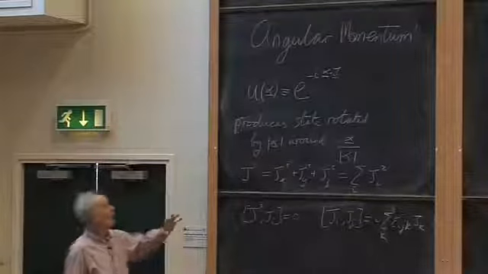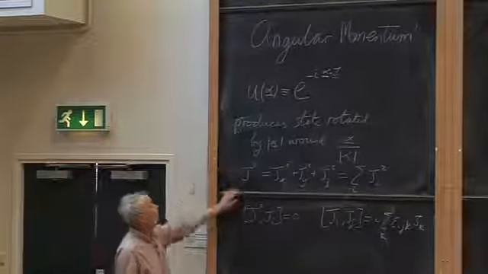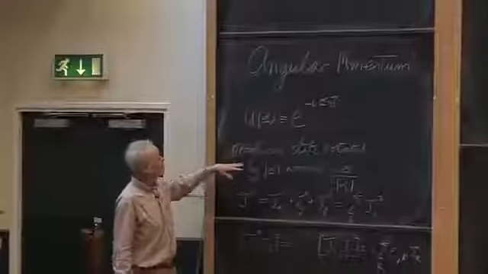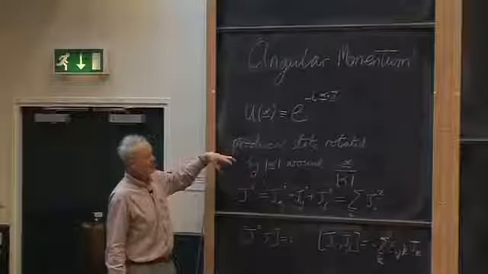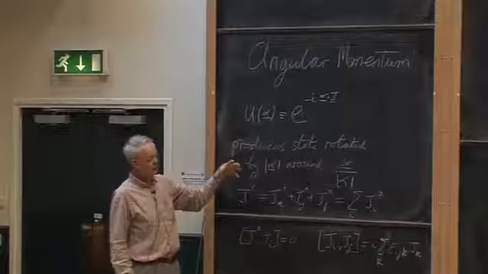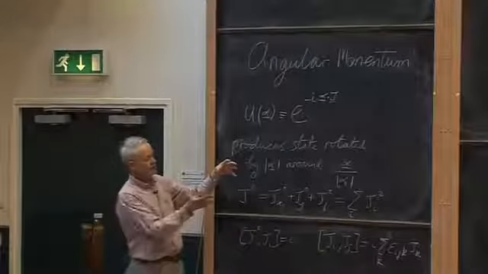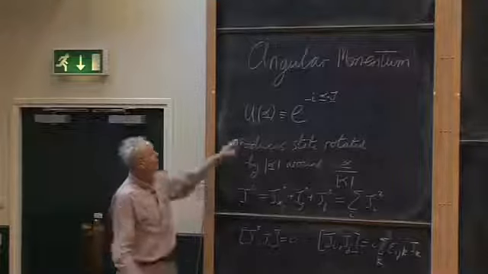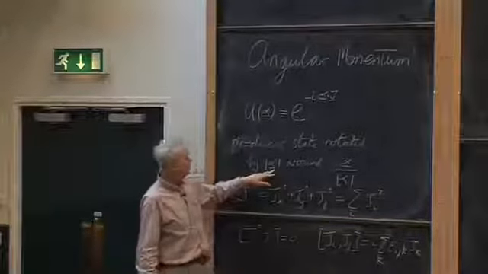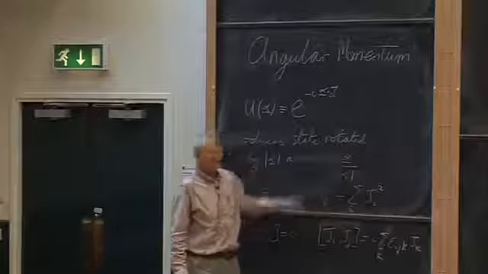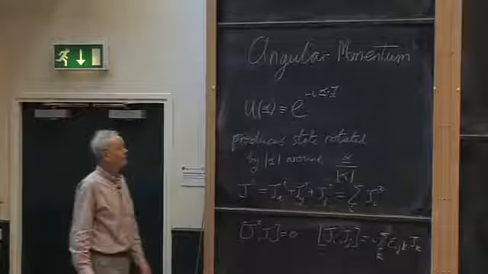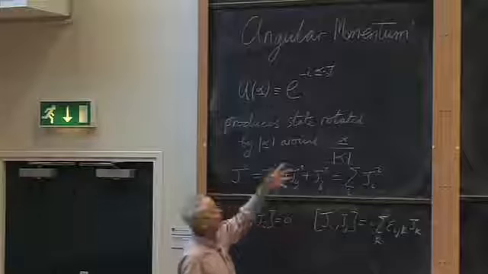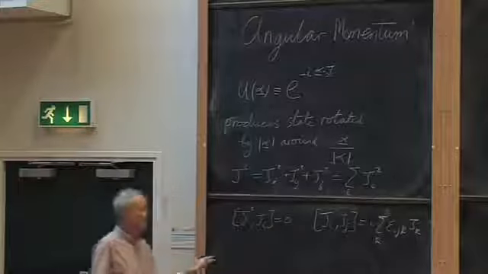So there must be a unitary operator, U of alpha, which generates a state that's the same as the system you've already got, except rotated by an angle mod alpha around the unit vector in the direction of alpha. We have those three operators. They're the generators of rotations, respectively around the x-axis, the y-axis, and the z-axis.